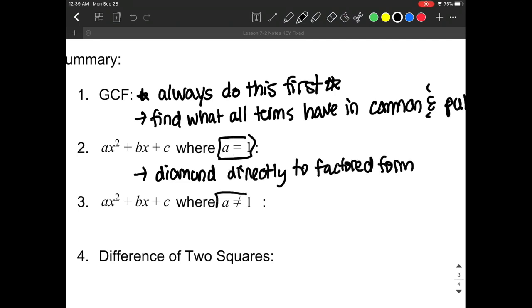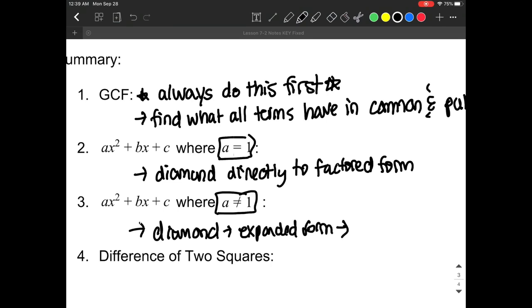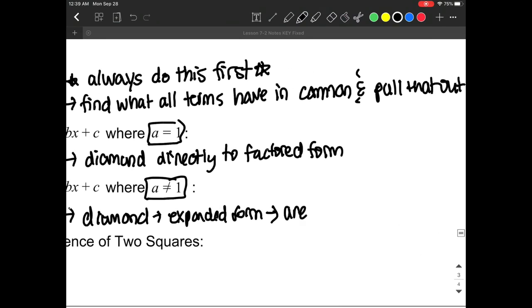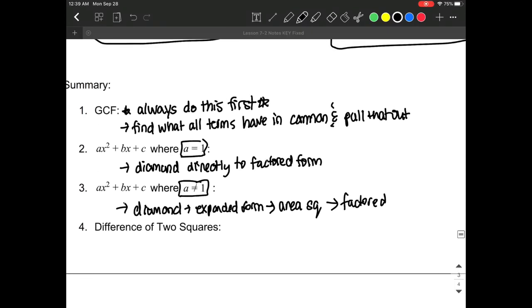For ax squared plus bx plus c, where a is not equal to 1, you still start with the diamond, but you go back to expanded form, then to the area square, then to factored form. You can't go directly from diamond to factored form when a is not equal to 1.